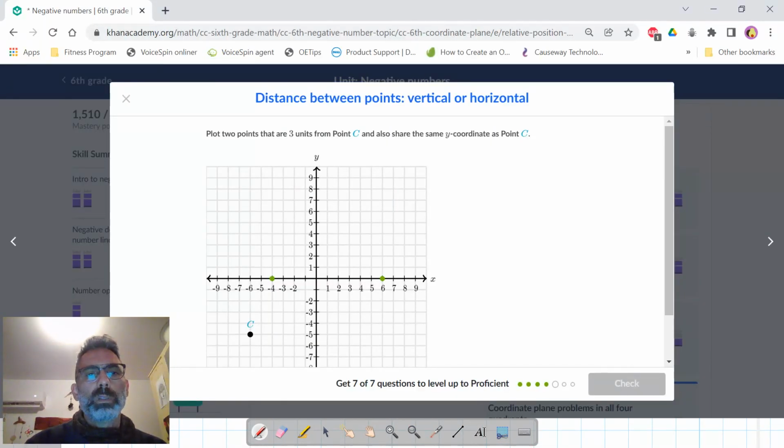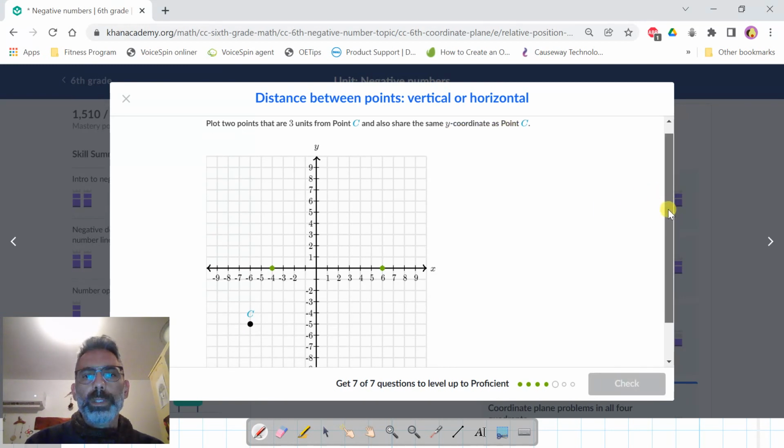Plot 2 points that are 3 units from point C and also share the same y coordinate as point C. So when they say they share the same y coordinate, it means that they have to be on the same level, same height, the same altitude as point C, which is negative 5.